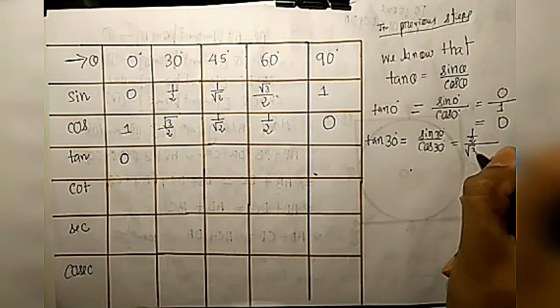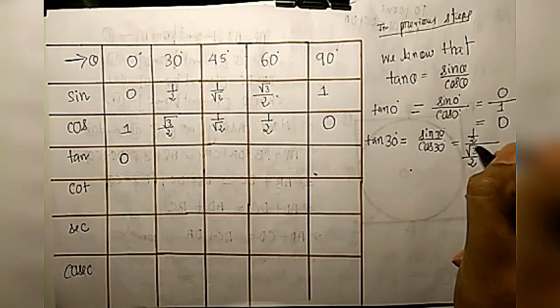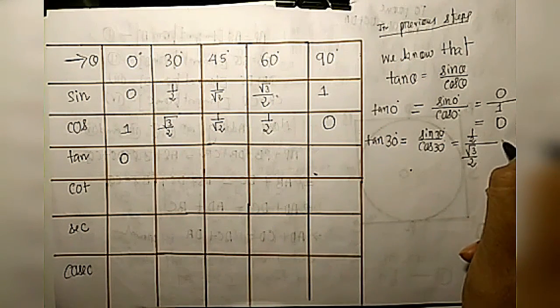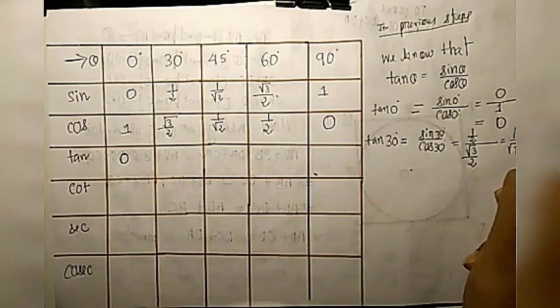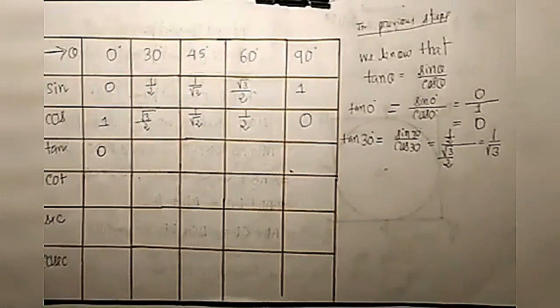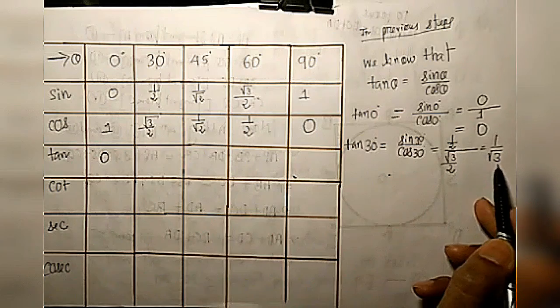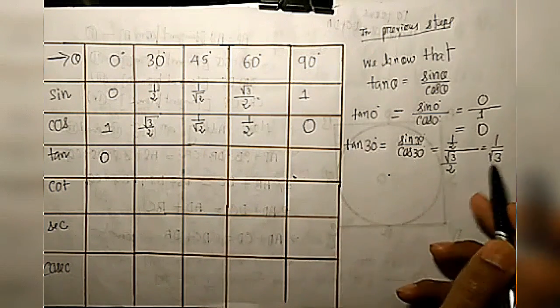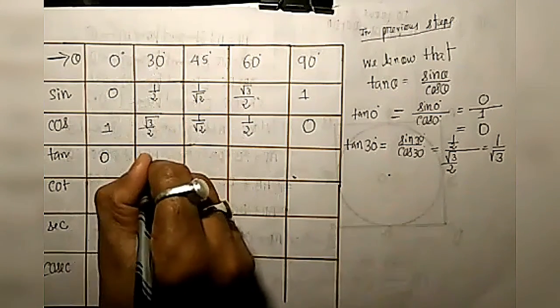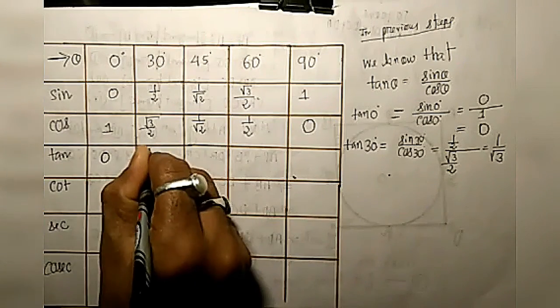So 1 by 2 divided by root 3 by 2, the 2 cancels, so it becomes 1 by root 3. So tan 30 is equal to 1 by root 3.